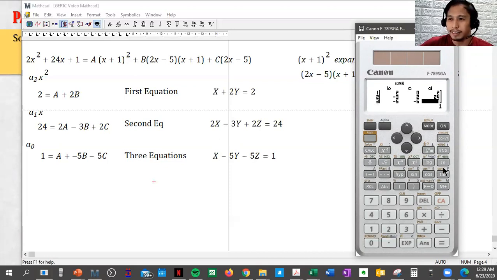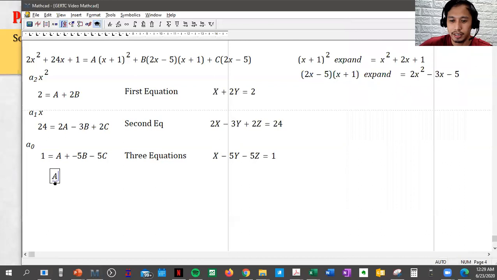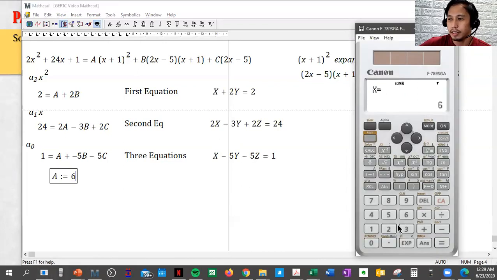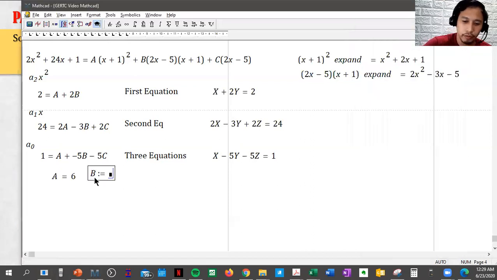So after that, let's find out ano yung values ng x, y, and z. So x is 6. Again, originally, x is a. So a is 6. Okay ba? The next, how about y? Y is negative 2. So again, originally, y is b. So b is negative 2.